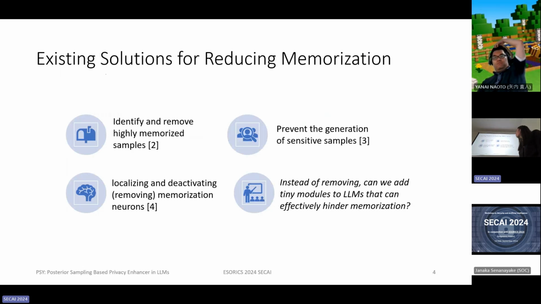The straightforward way, which has not been optimized, is to directly prompt that neuron and see the results. It's one of the basic methodologies they have used. They have a lot of optimizations for choosing that, and then they make a score for these highly memorized neurons. Okay, so they identify the highly memorized neurons and then prune them or reset them. Okay, so it's basically using pruning techniques to remove those. Yeah, find and remove.